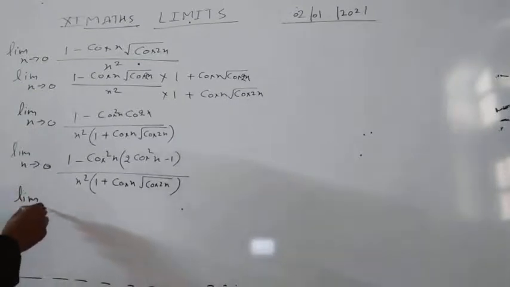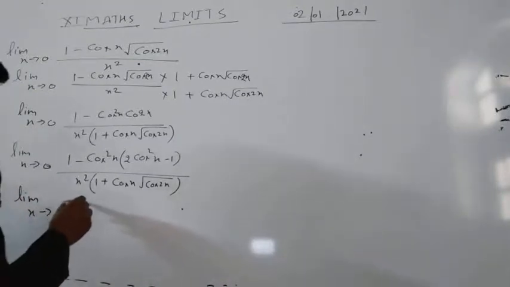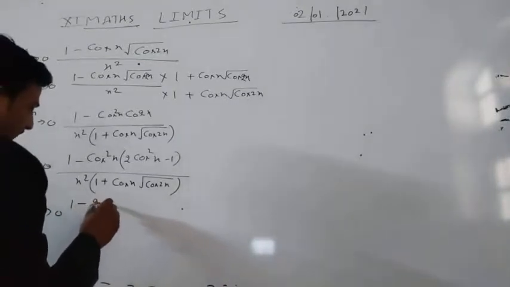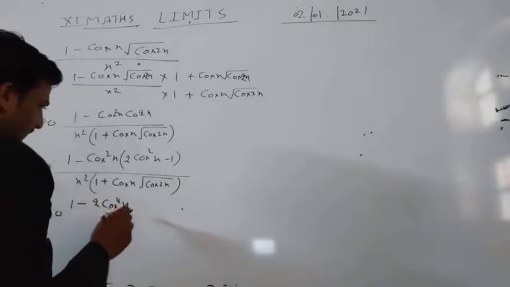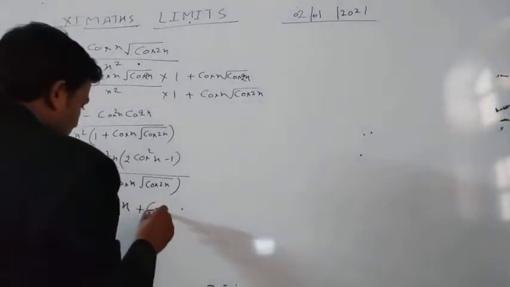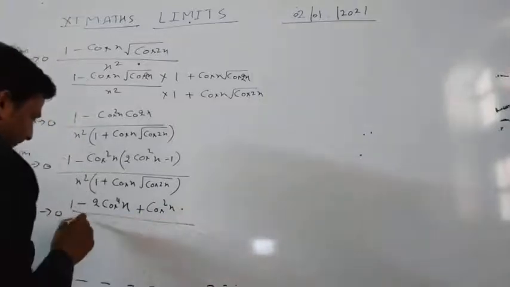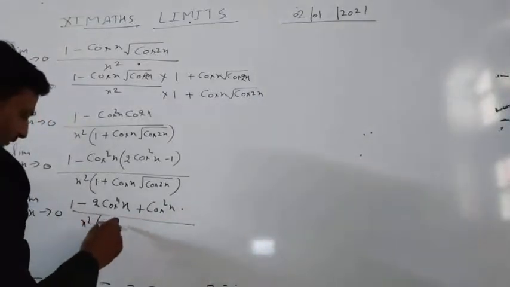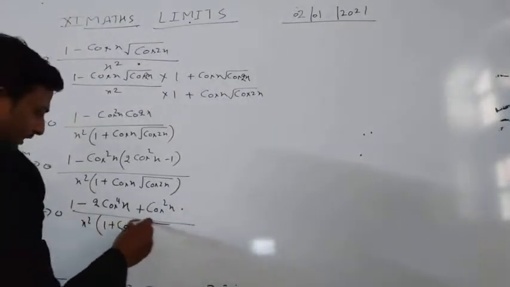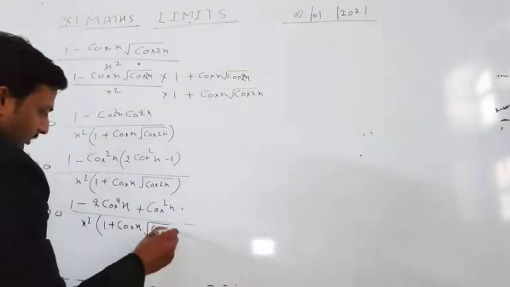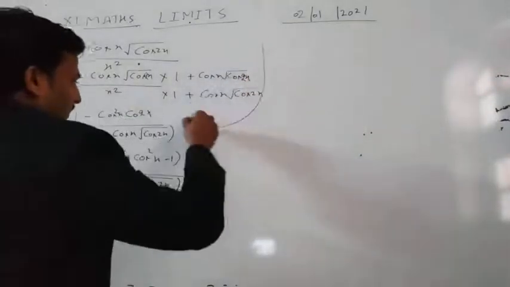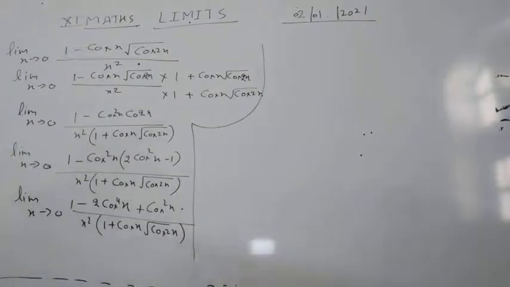So limit x tends to 0 of 1 minus 2 cos to the power 4x plus cos square x, over x square (1 plus cos x under root cos 2x). Okay student, this is what we can write.